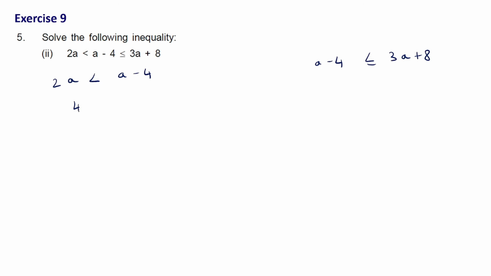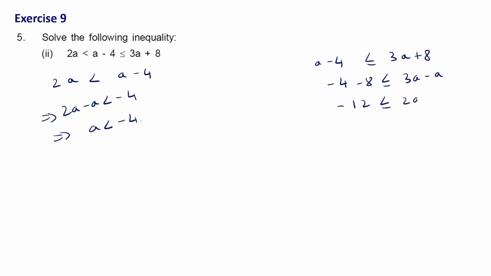So we have 2a minus a less than minus 4, or a less than minus 4. And from here we have minus 4 minus 8 less than or equal to 3a minus a, or minus 12 less than or equal to 2a, or we get minus 6 less than or equal to a.